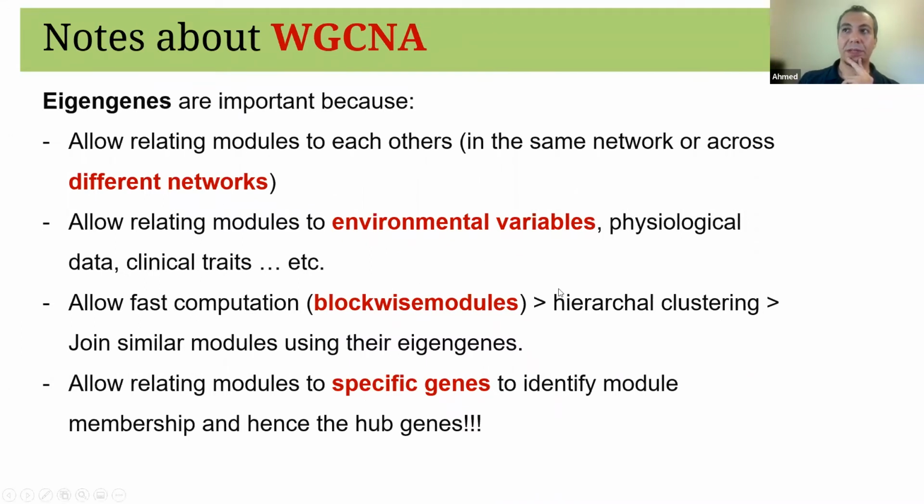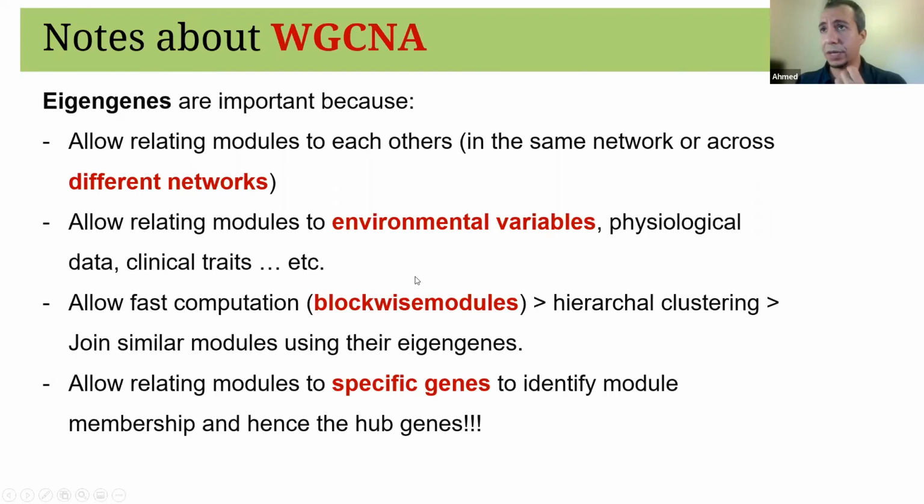And one important thing as well: again, we talked about the scale of the data nowadays. You can have hundreds of thousands of genes or proteins in your data set, and if you want to do hierarchical clustering and build a single dendrogram out of all of these, it will be very computationally demanding. So one of the solutions provided in this package is to break down your data set into blocks.